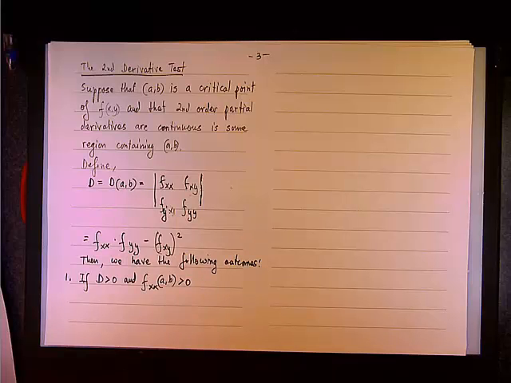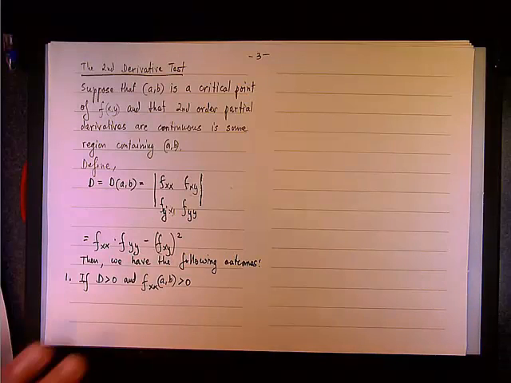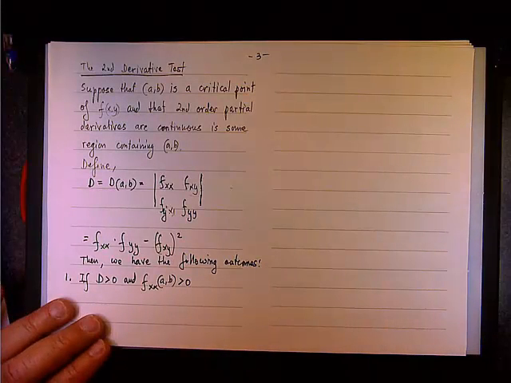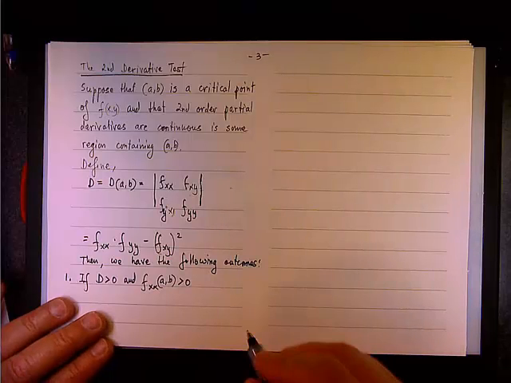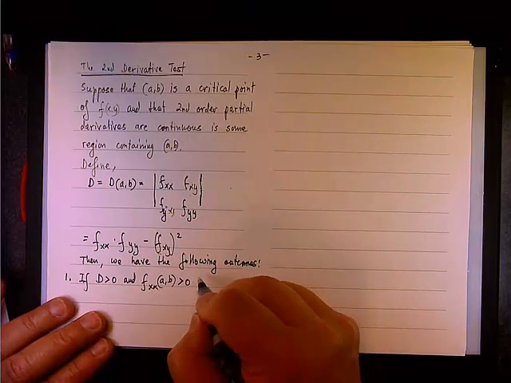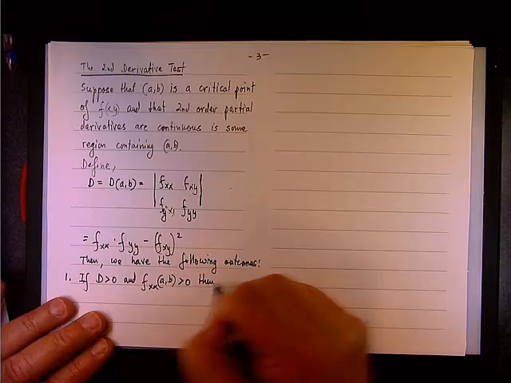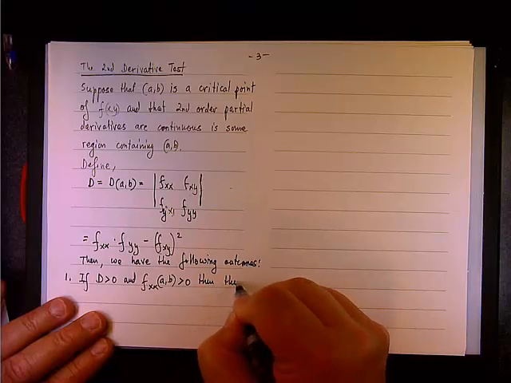What was the case when you have a critical point and the second derivative was positive in Calc 1, in single variable? We had a relative minimum, right?